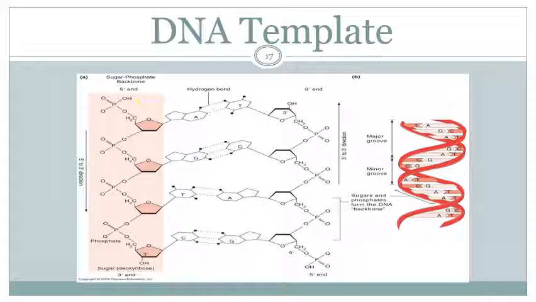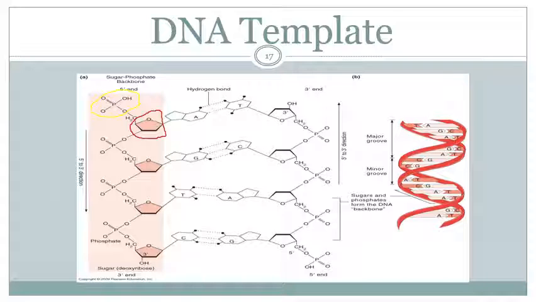This is the phosphate group, and this is the sugar component. Phosphate, sugar, phosphate, sugar, phosphate, sugar. This is the sugar-phosphate backbone, which is the main part of the DNA.